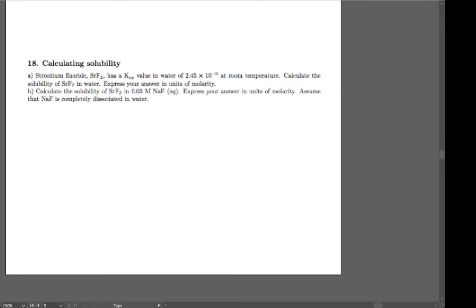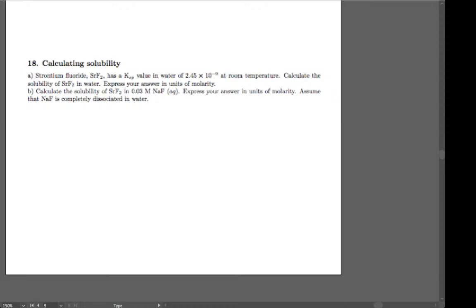Strontium fluoride, SrF2, has a Ksp value in water of 2.45 times 10 to the power of negative 9 at room temperature. Calculate the solubility of SrF2 in water. Express your units in molarity. Okay.